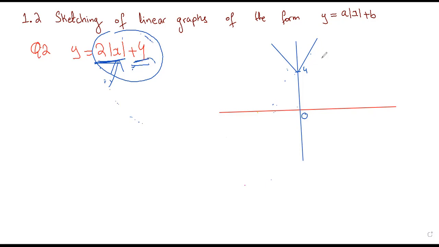So it would be this one, okay? So this is going to be the answer. All right, so this was a discussion about the plotting of linear graphs of the form y equals ax plus b. Okay, so let's talk about a few more examples and then that is it.